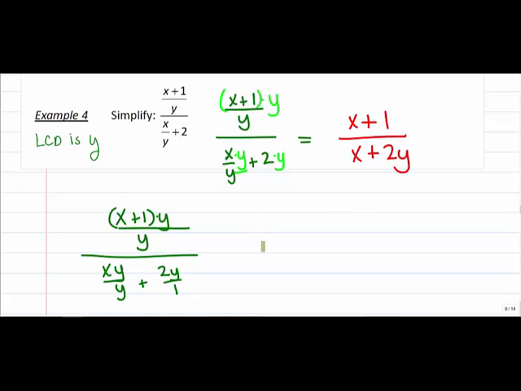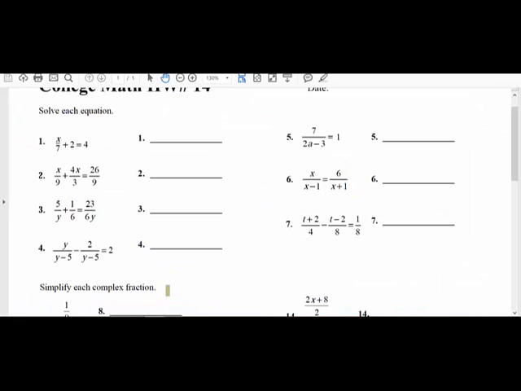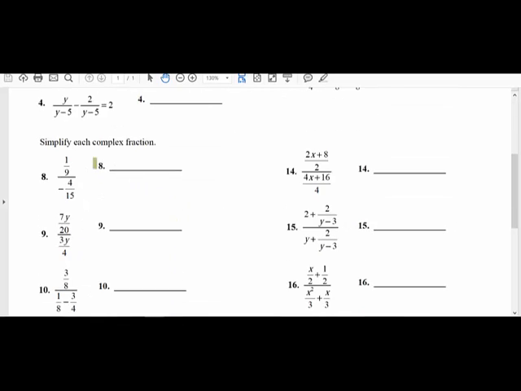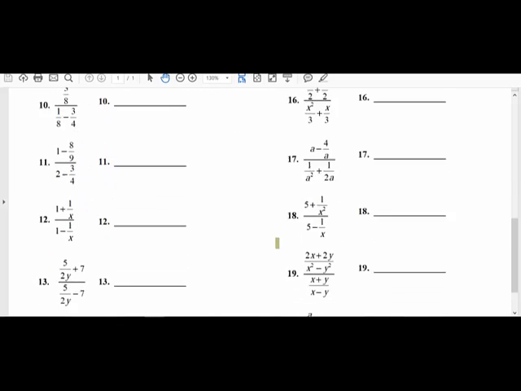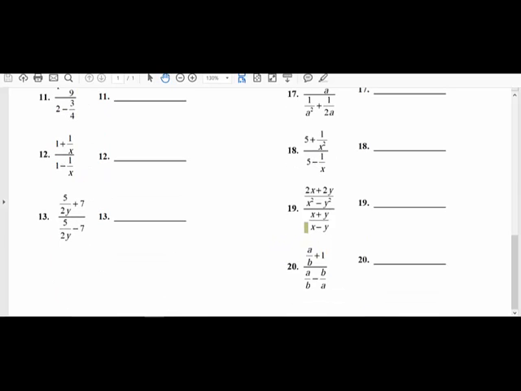So simplifying complex fractions really is not that hard. If you look on homework 14, that's all these problems, number 8 through 20. Number 19 is a little challenging, but you should remember how to factor x squared minus y squared. But number 19 is a copy dot flip because you have a single fraction divided by a single fraction.